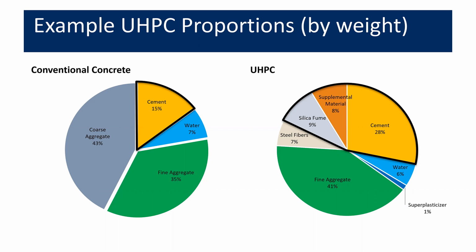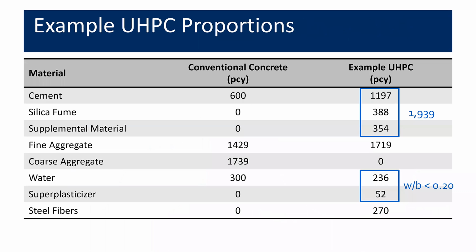So I mentioned that this conventional concrete mixture might be what's considered a 6-sack mix. If I did the same math for a UHPC mixture, it would be a 20 sack mix. So now I'm just going to show the numbers that are associated with those graphs. I know some of you are probably more number people and others are graph people.